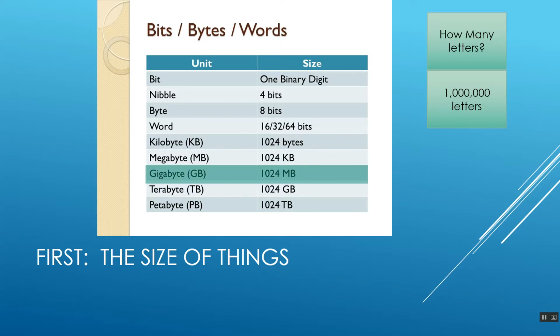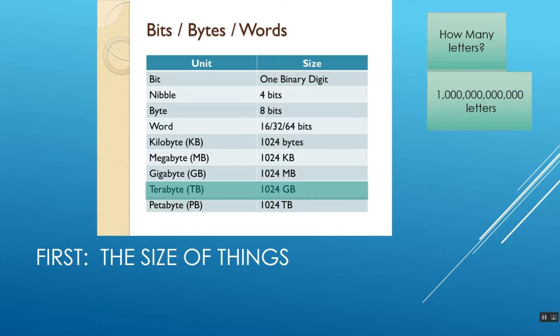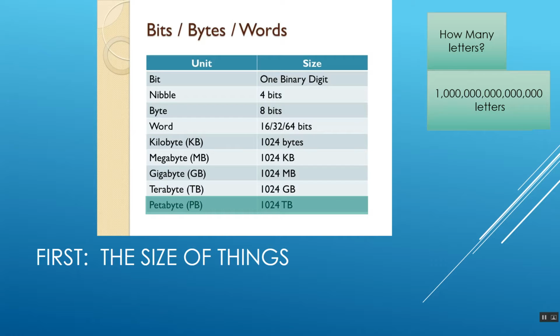Likewise, if you typed a gigabyte, well, now we're looking at billions of letters. Then trillions of letters, and even more and even more. You can see it's a fairly substantial amount of information.